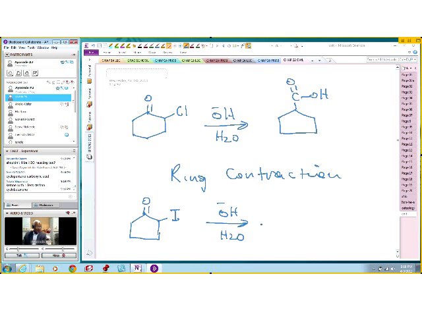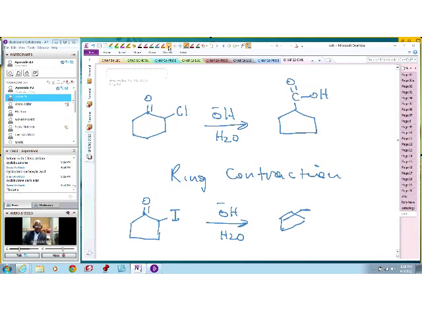Cyclobutane carboxylic acid, exactly. Very good, excellent. Cyclobutane, I'm sorry, let me write that better. So this will give you cyclobutane carboxylic acid.